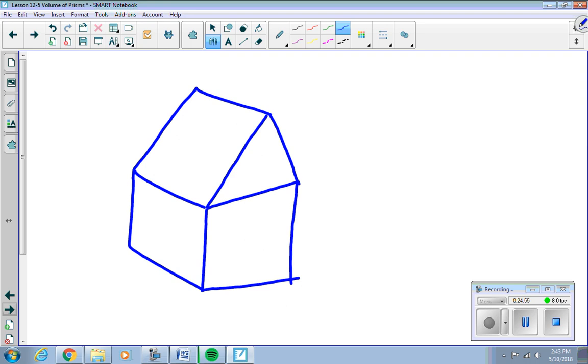So it's like a house and then the roof. So here are my dimensions. 12 here. It's 9 centimeters tall. And then the triangle, the height is actually also 9 centimeters. And then you got to think too, if this is 12, what does this have to be?